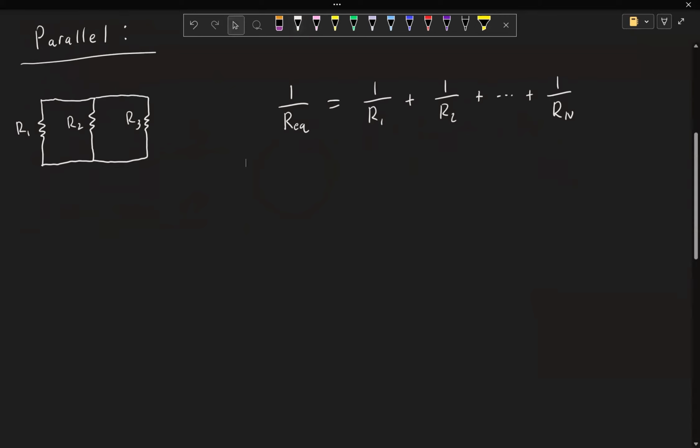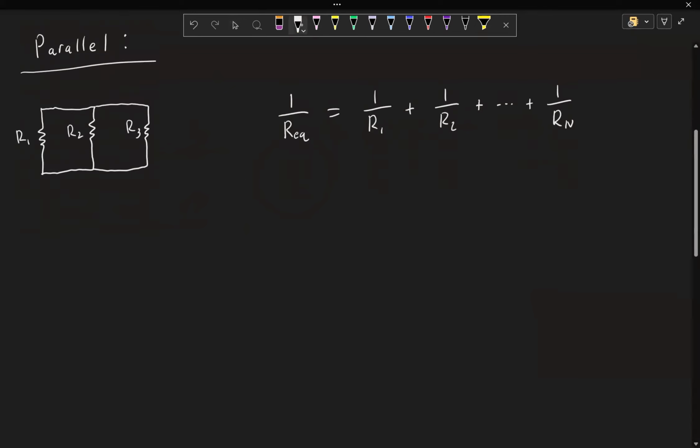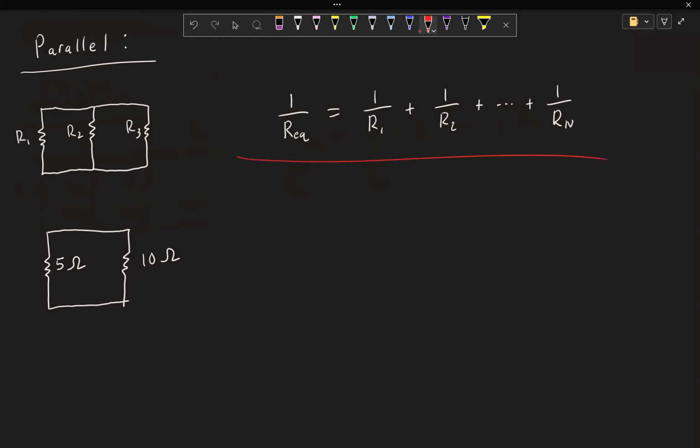So let's say we had something like this with 5 ohm and let's say a 10 ohm resistor. Now we can use this formula to get the answer, but we can also just remember an easier to use formula, which is derived from that formula.